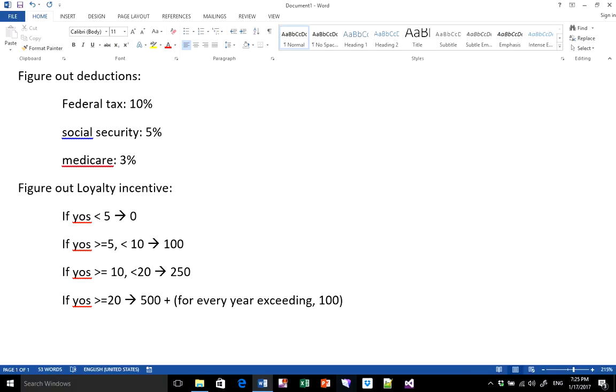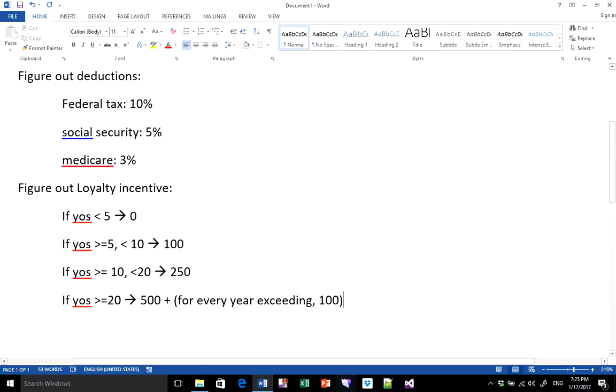If your years of service is 23, 800. Yes, so it's 500, and then 3 times 100, then you get 800.